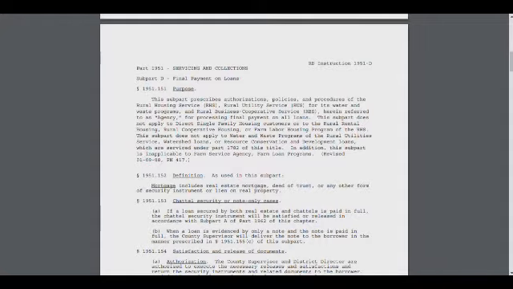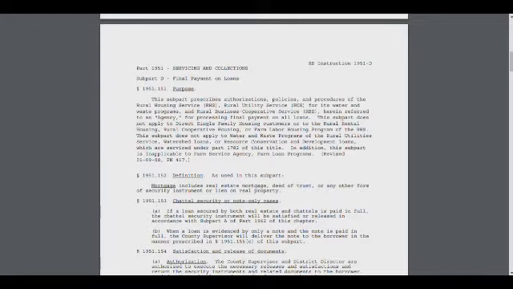This subpart does not apply to direct single-family housing customers or to the rural rental housing, cooperative housing, or farm labor housing program of the RHS.